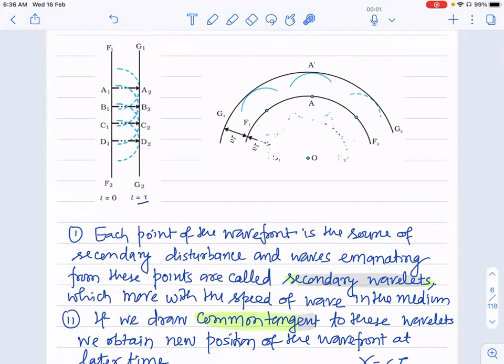क्या दो पॉइंट बताया इसने कि any point on a given wavefront will act as a fresh source of disturbance, sending the disturbance in the forward direction in the form of secondary wavelets, and the common tangent to these wavelets will give you the wavefront at a later time.